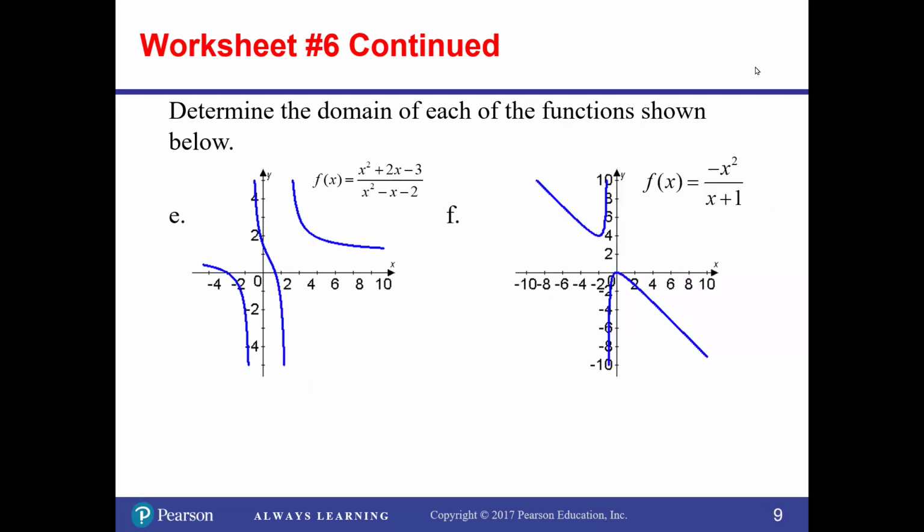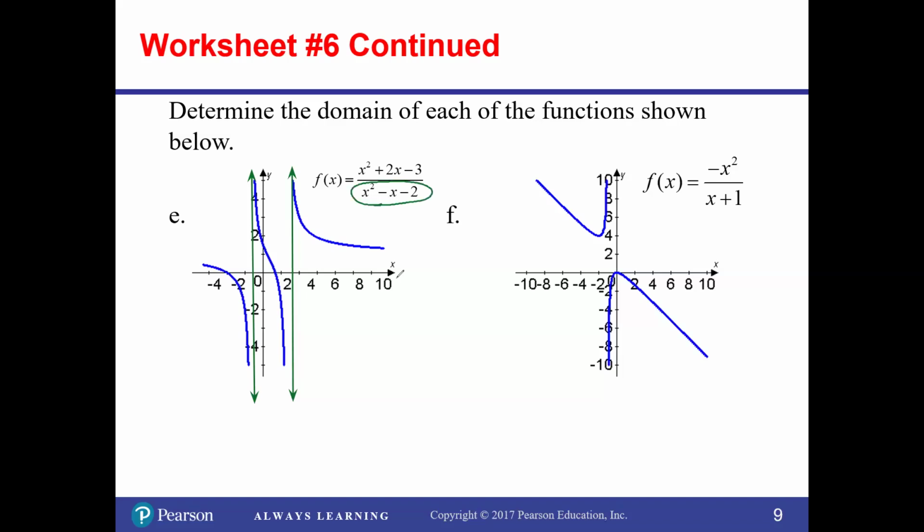And then for these last ones, once again, if we're going to make a guess, it looks like maybe about at -1 here, and maybe somewhere in here. It looks like 2 places that I'm missing a function value. But like I said, the graphs aren't the best way to figure that out.